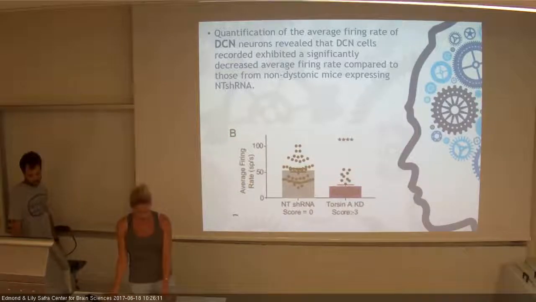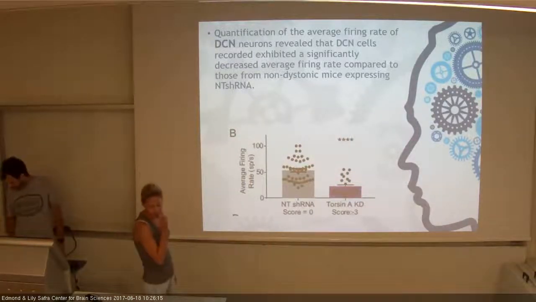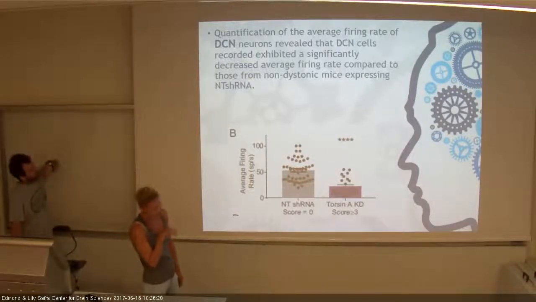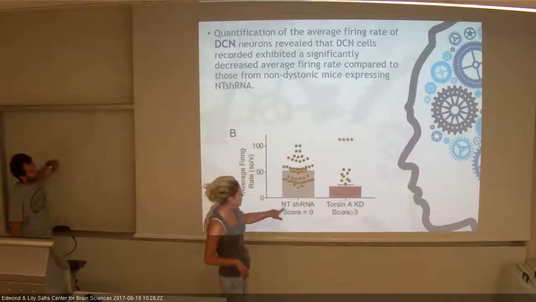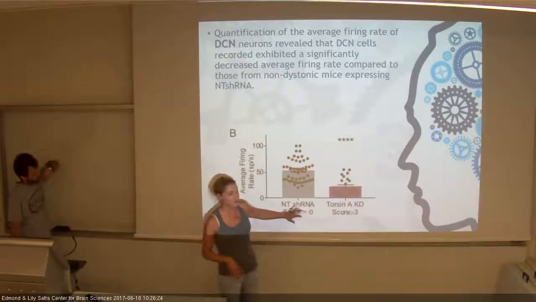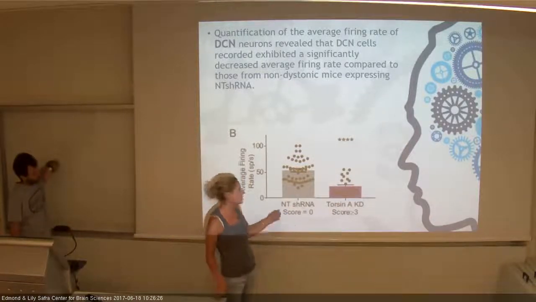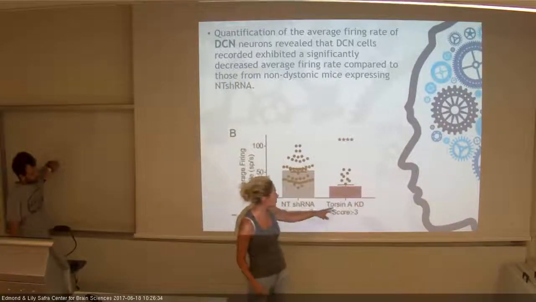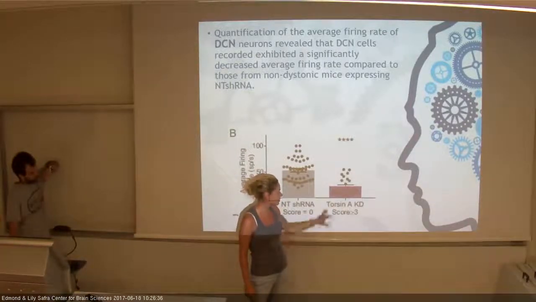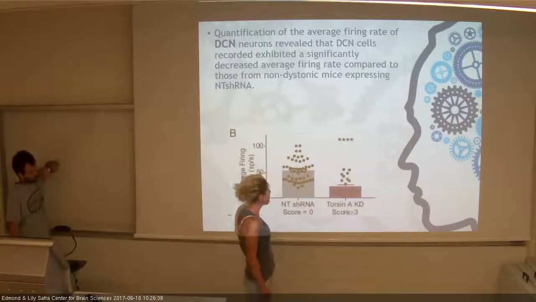So what they saw. This is a non-targeted shRNA, which means it's a kind of control because they injected shRNA, but it's not targeted to the tyrosine A. And this one is the group of the mice that had dystonia.